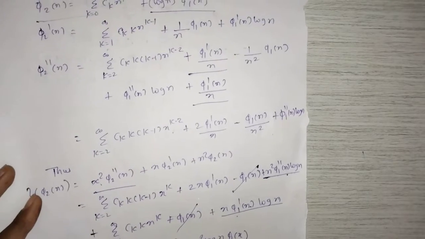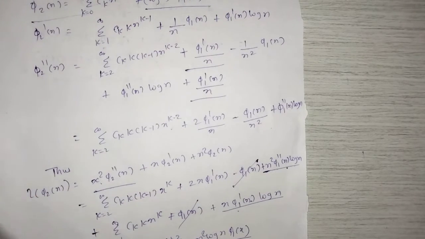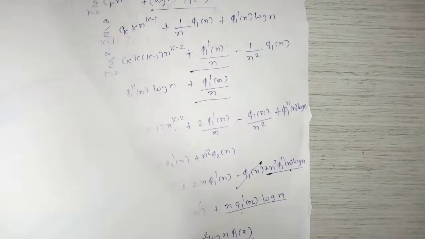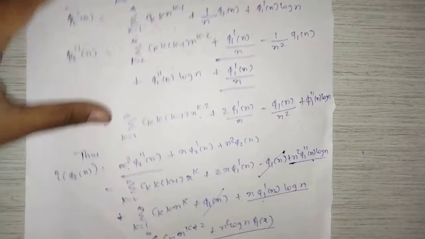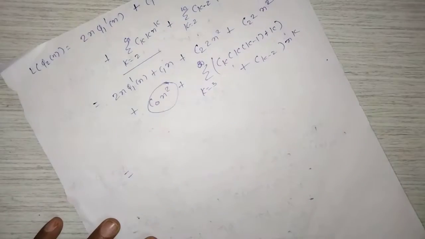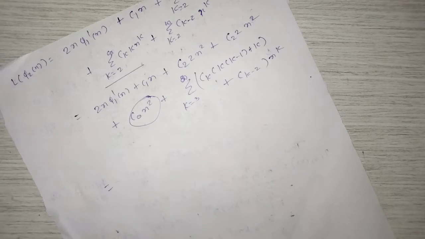We take c0 equal to 0. Just a minute, where do we take c0 equal to 0? Here, the choice c0 equal to 0. So put c0 equal to 0. This term becomes 0.